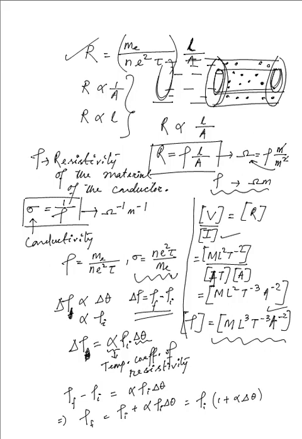This is the expression relating the final resistivity with the initial resistivity of the material for a change in temperature through del theta, where alpha is the temperature coefficient of resistance.